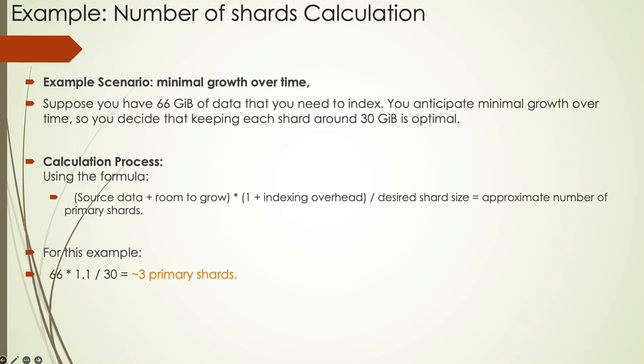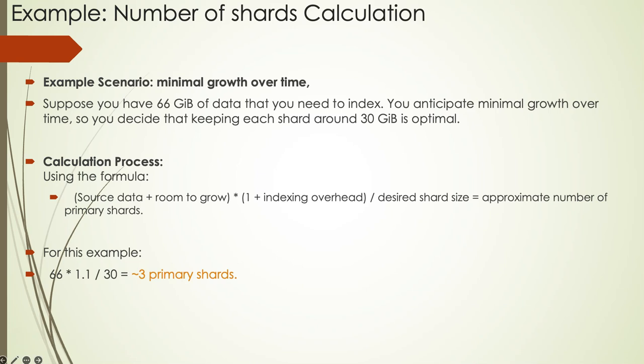Suppose you have 66 GB of data and you say, hey, I'm not expecting any growth, or the growth will be minimal, so you decided not to add too much storage. And you decided, okay, I'm going to have 30 GB as an ideal size for my shards, right?